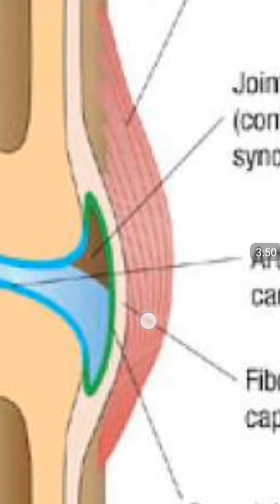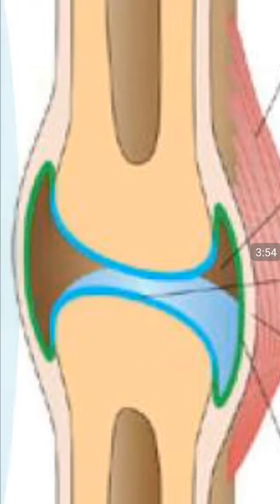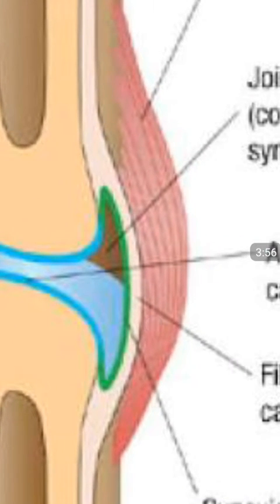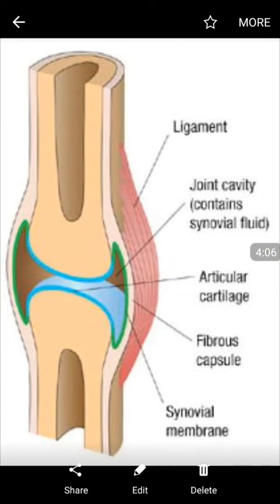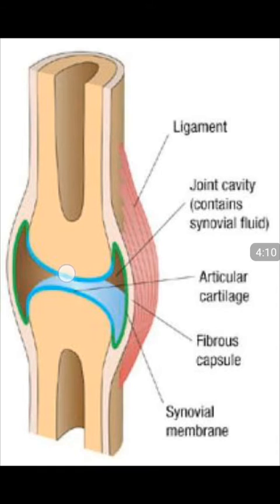Here you can see this outermost pink layer is the ligament. A ligament is nothing extra, it is just a thickening of the external fibrous layer, sometimes on the medial and sometimes on the lateral aspect of a joint, sometimes anteriorly, sometimes posteriorly.